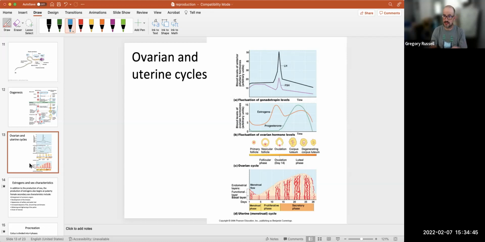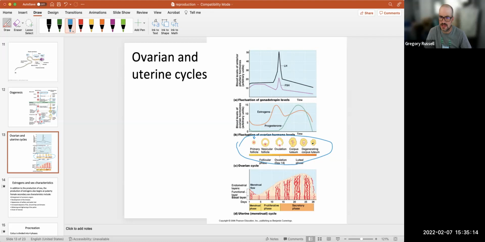Right here, you can see a timeline of the development of that follicle. Remember, we have these ovaries full of primary follicles from what happened before birth, and then we see the timeline of them growing, eventually ovulation occurs, and then we see their degeneration into the corpus luteum, and eventually what's called a corpus albicans.